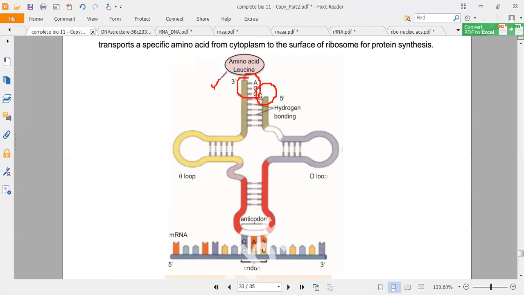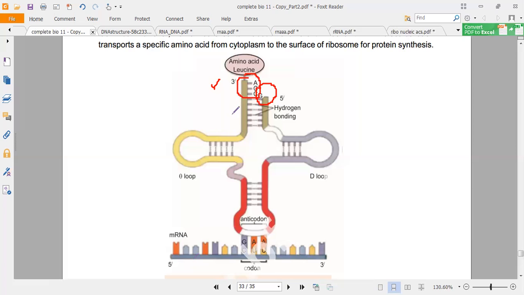The D loop recognizes the activation enzyme which activates the process of synthesis of protein, and the theta loop recognizes the specific place on the ribosome for binding during protein synthesis.